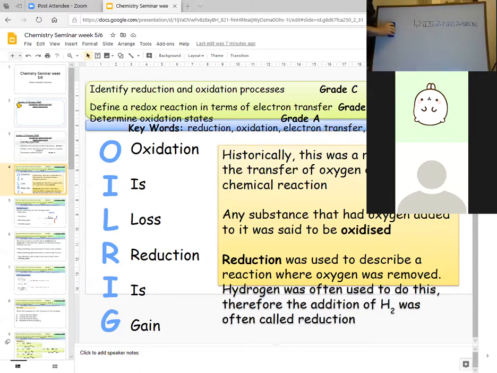Electron configurations there. So, oxidation, loss of electrons. So what happens? I'll stop sharing so you can see the whiteboard.